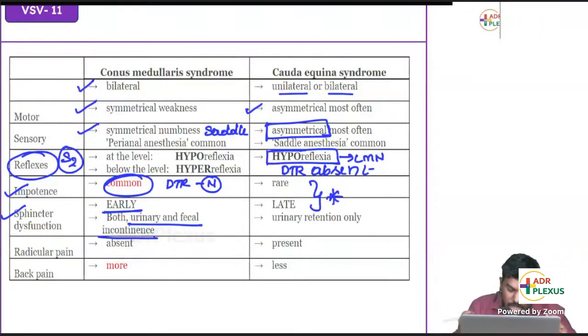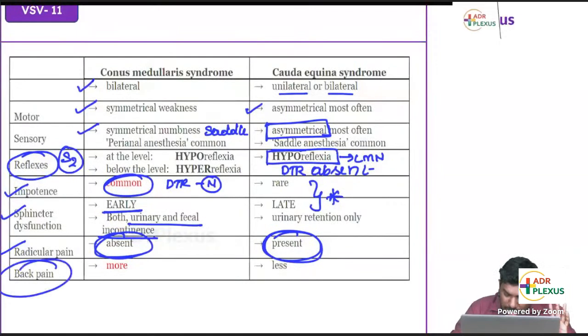Then, whenever the patient has involvement of the vertebral column, the patient can have radicular pain. Radicular pain can occur in cauda equina more commonly than conus medullaris, but it can be seen in both conditions.